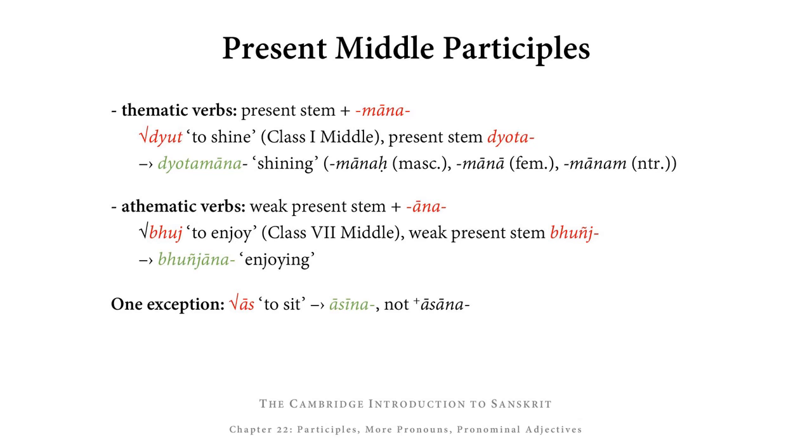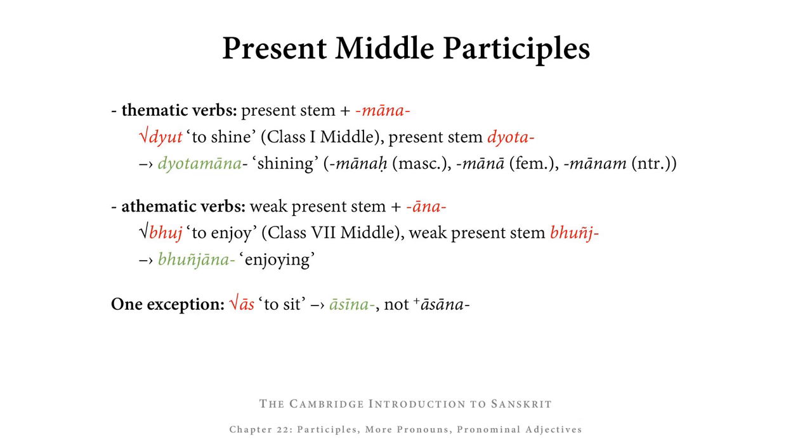And this is declined just like a normal short a, long a stem form. So in the masculine, we'd have the nominative singular dyotamanah, in the feminine dyotamana, and in the neuter dyotamanam. An example of an athematic present middle participle would be from bhuj, to enjoy, where we take the weak present stem bhunj. Bhuj is class 7, so we add the n in the weak stem, bhunj.